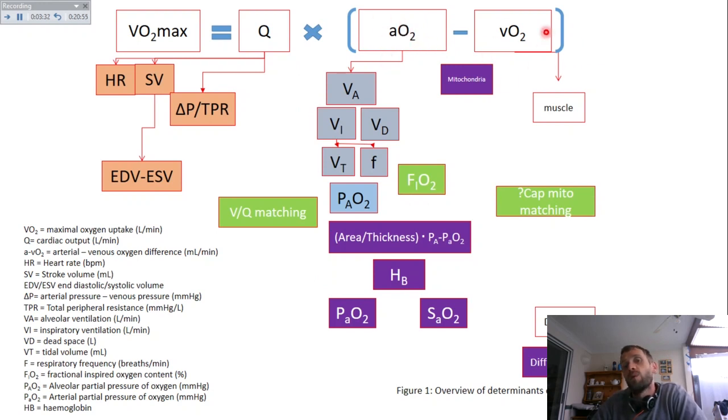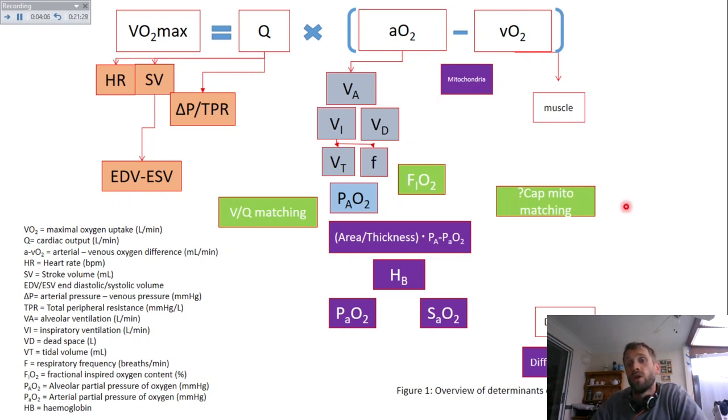Now on the other side, how much is left once it's been through, say, the muscle, for example, these cells that are going to be utilizing that oxygen. There are a huge number of factors that influence that as well, but some of the most important ones are the mitochondrial content and the metabolic rate, like how much exercise you are doing. If you're doing more exercise and have the same amount of arterial blood and the same cardiac output, then you're likely to extract more and therefore have less left in your venous blood. So metabolic rate is probably the primary thing.